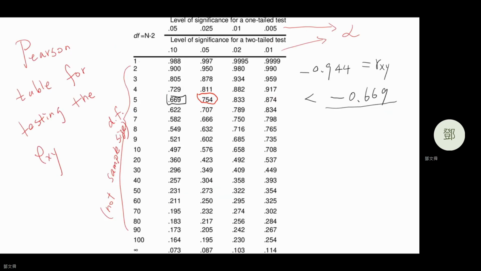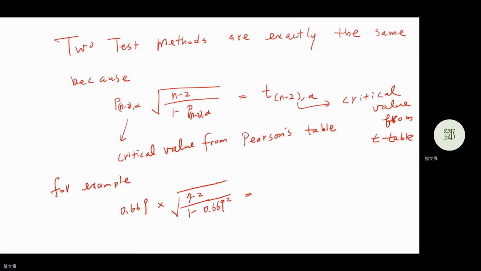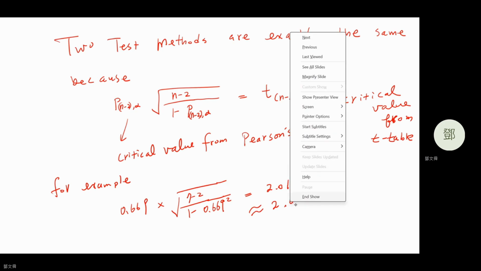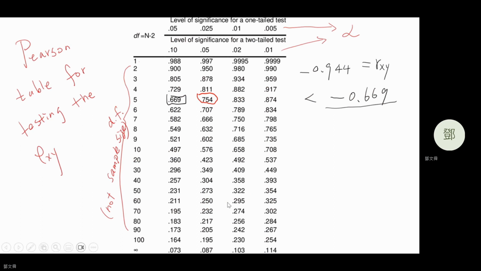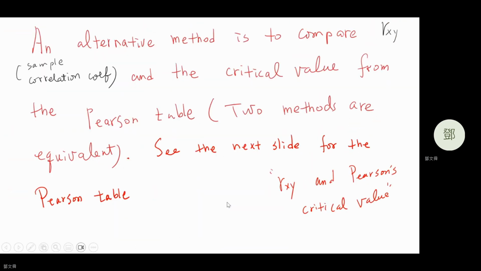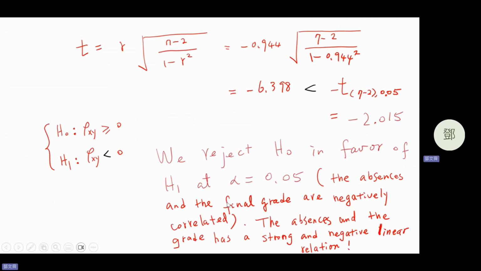What is it? 2.01, okay, which is very close to 2.015. Yeah, 15.